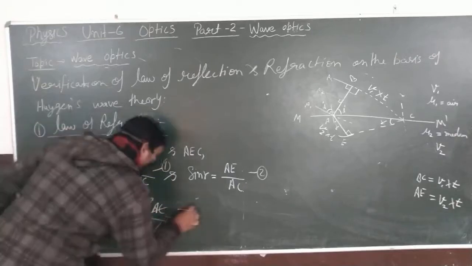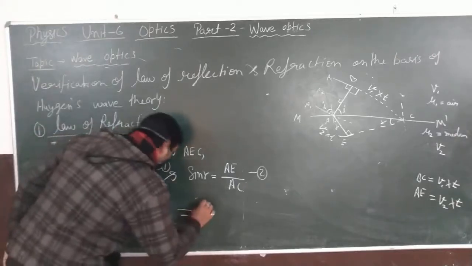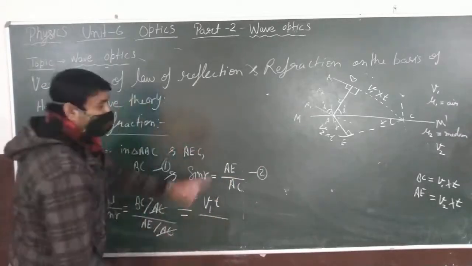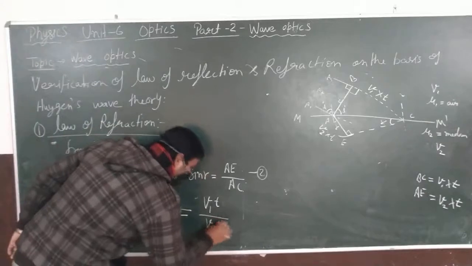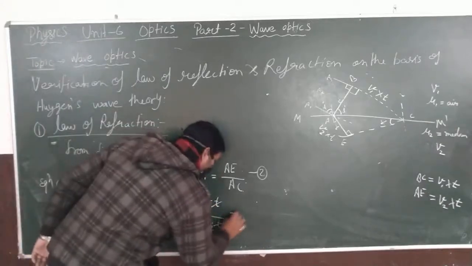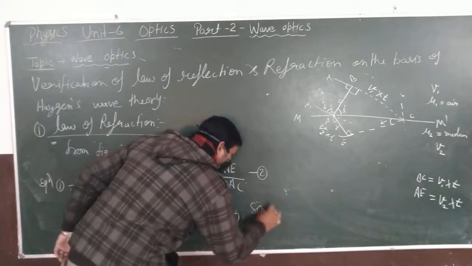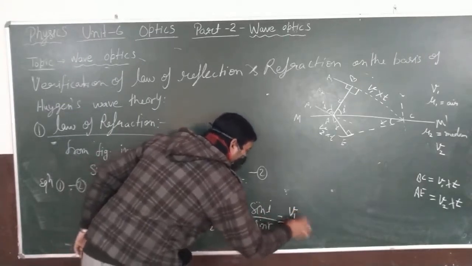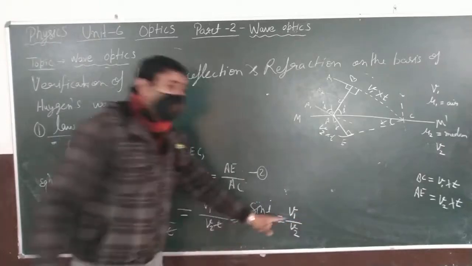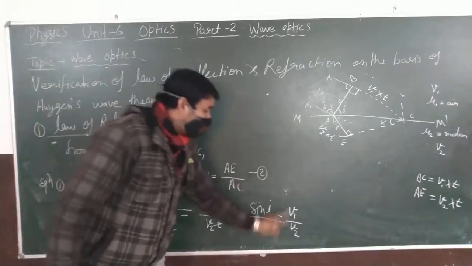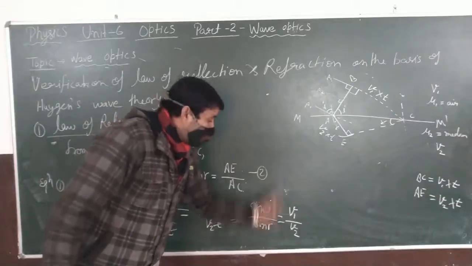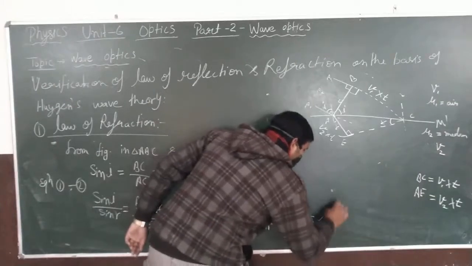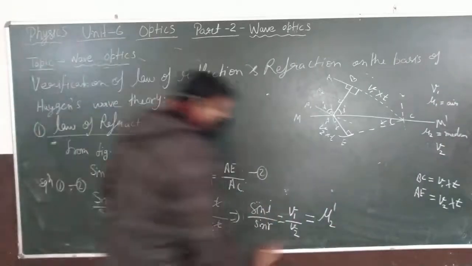Now this AC is cancelled and we have BC upon AE. BC is equal to v1 into t and AE is equal to v2 into t. This t cancels and we get sine I upon sine R is equal to v1 upon v2, which is the speed of light in the first medium to the speed of light in the second medium, and this ratio is equal to the refractive index of the second medium with respect to the first medium.